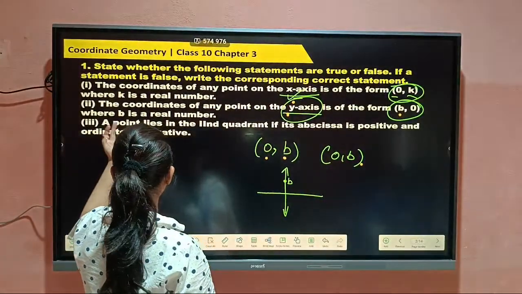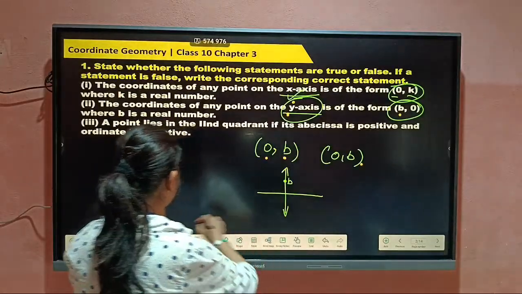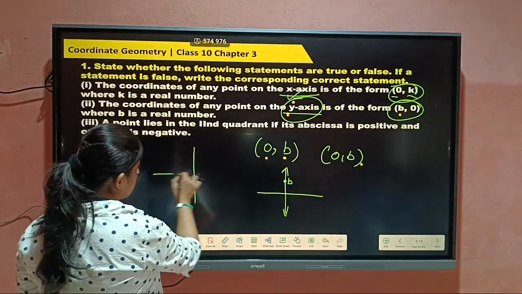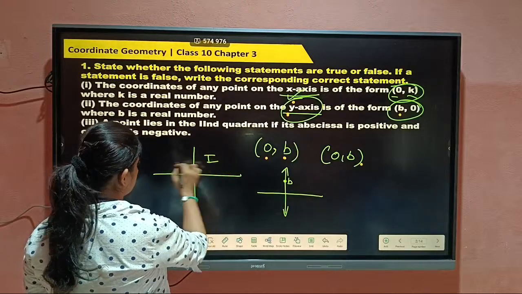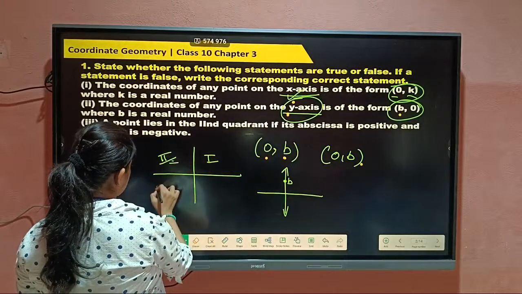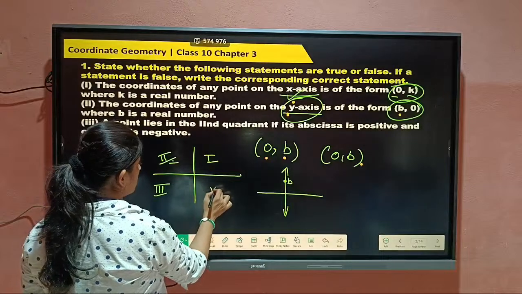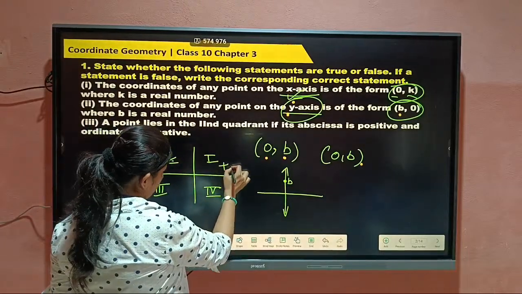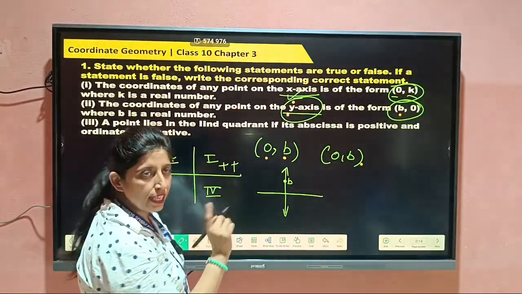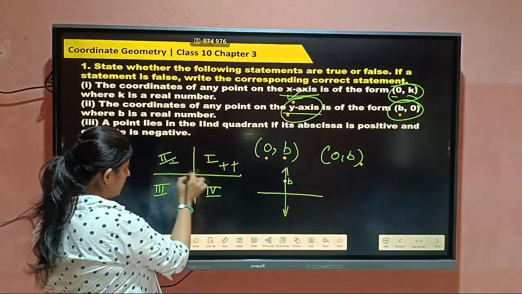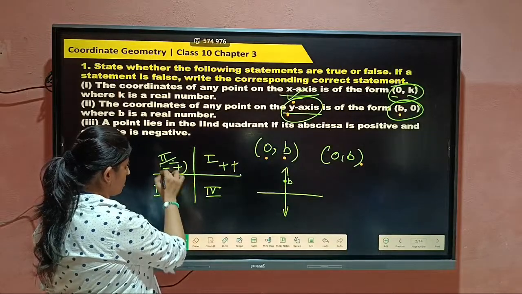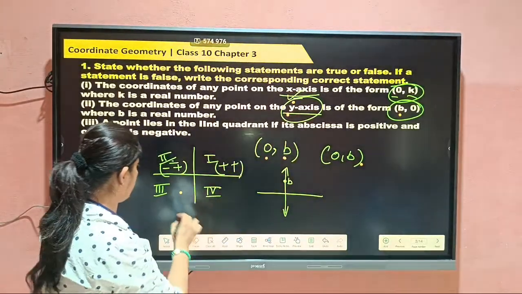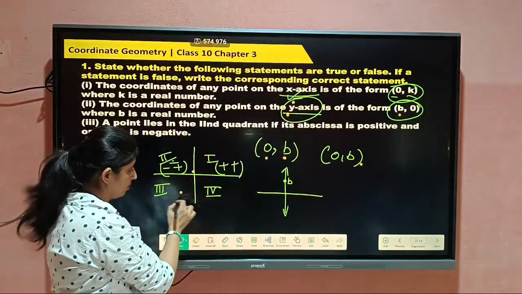What is given? A point lies in the second quadrant. Look here. This is first quadrant, this is second quadrant, this is third quadrant, and this is fourth quadrant. In first quadrant, all are positive. In second quadrant, x is negative, y is positive. In third quadrant, both are negative.